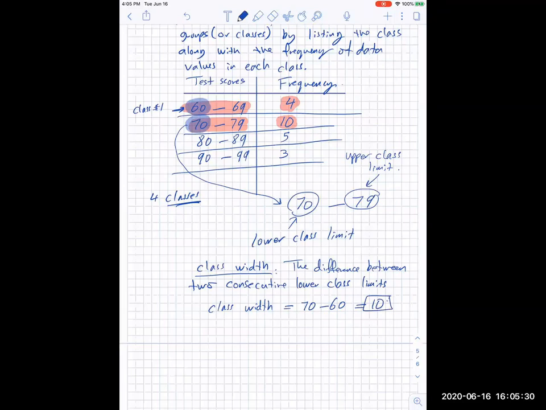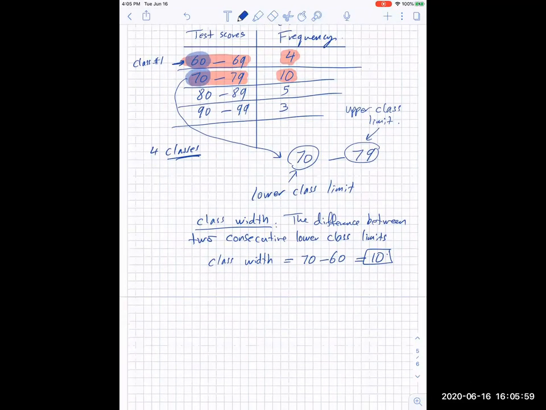No matter what lower class limits you take, the difference is always the same. 60, 70, 80, 90, the difference is 10. Also, if you compare upper limits, 69, 79, 89, you're going up by 10. It's always the same. So that's your class width.